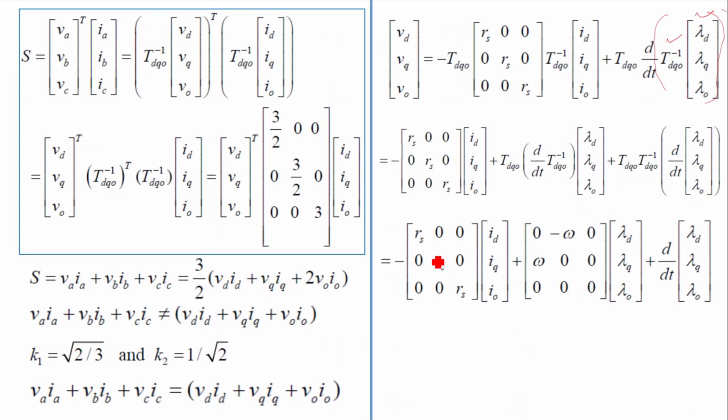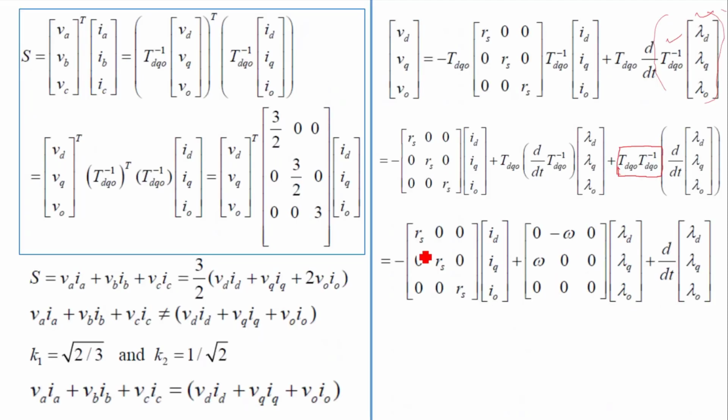Now, just by taking the derivative, I will get this expression, and multiplying TDQO, I will get this expression 0, minus omega, 0, omega, 0, 0, 0, 0, 0, multiplied with lambda d, lambda q, lambda o. And this TDQO, TDQO inverse will become the identity matrix. So therefore, the only term remaining is d/dt of lambda d, lambda q and lambda o.